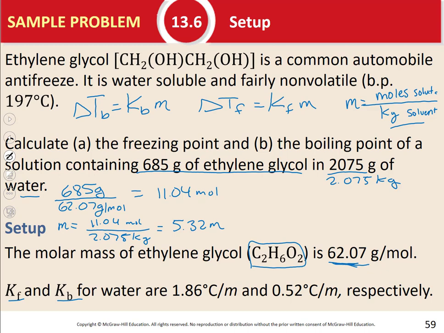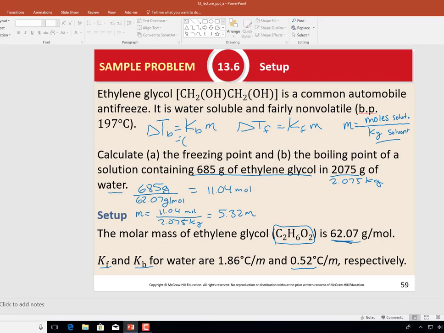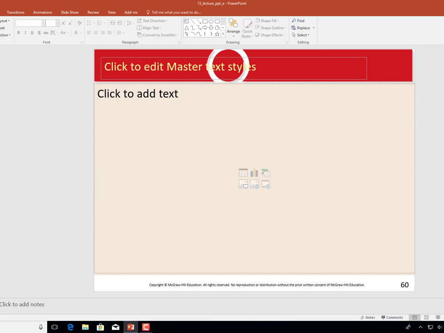So now we can plug that into our equations for boiling point elevation and freezing point depression. So Kb, for boiling point elevation, is 0.52 degrees Celsius per molal, times molal.